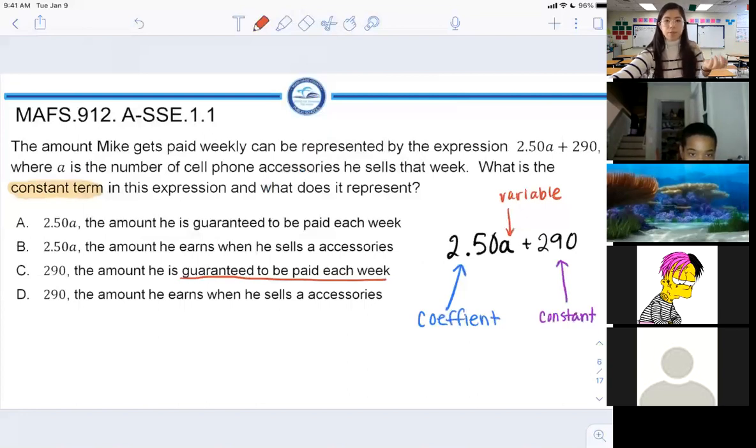He's going to make 250 off of each one. But 290 is the base amount, the y-intercept, the starting amount. So we know he'll get 290, and then on top of that, he'll get paid extra if he sells some accessories. All right, any questions on this one?